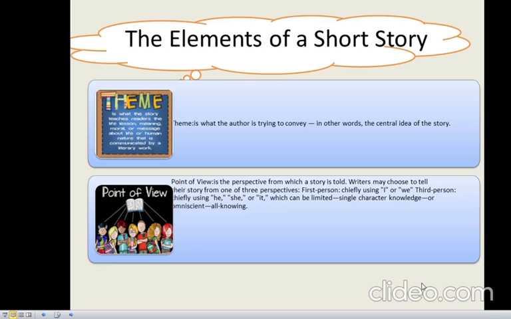And we have to differentiate between theme and topic. Sometimes when we ask you about the theme, you give us a topic. Let me give you an example about Beauty and the Beast. I think all of us know Beauty and the Beast, this beautiful short story.